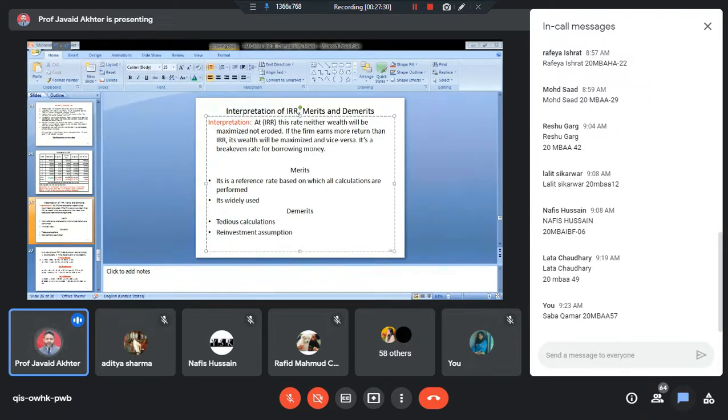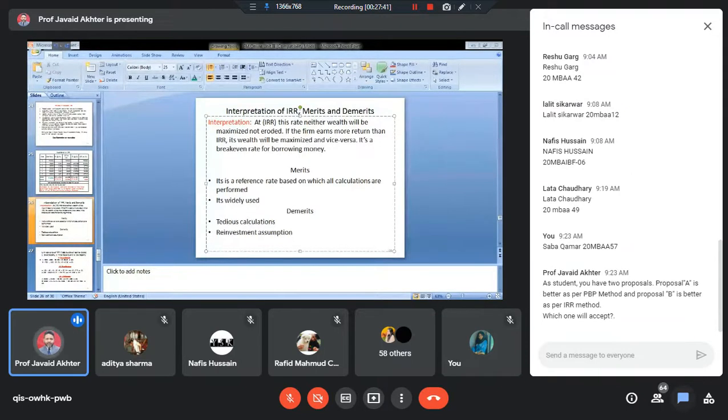Which one will you go for? Which one will you accept? The question I have posted, read the question at least two times, and only then write your answer as A or B. But make sure before you type A or B, you should be convinced, you should be able to justify that.